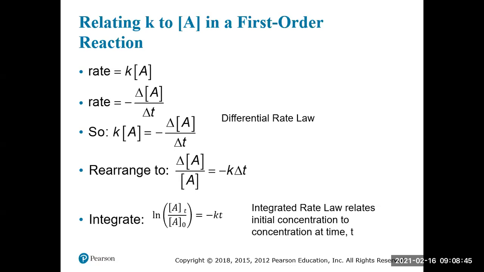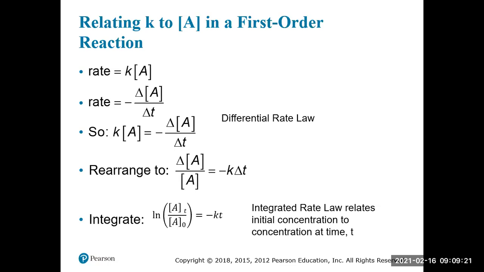We've seen those two relationships already. Now if both of those are equal to rate, we can say those two are equal to each other. So now we say that rate constant times the concentration of A equals minus delta A divided by delta t. That's our differential rate, what's called a differential rate law. We can rearrange this.